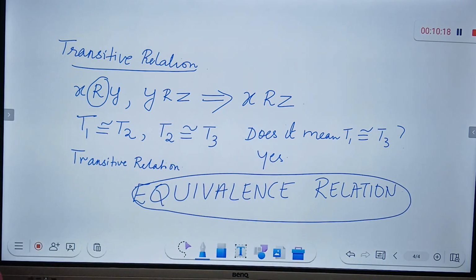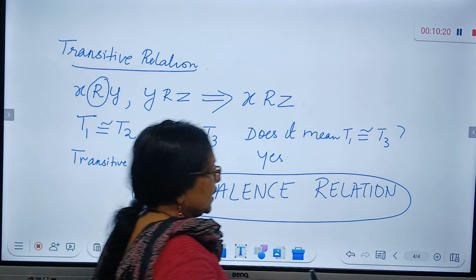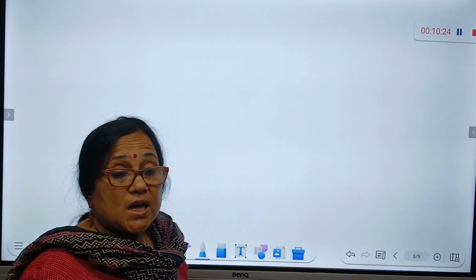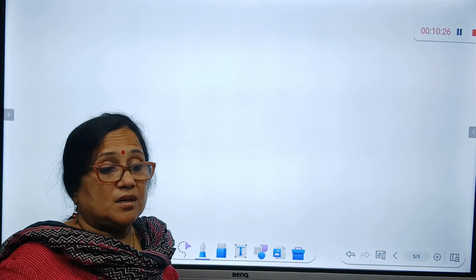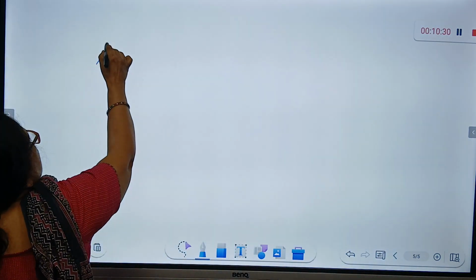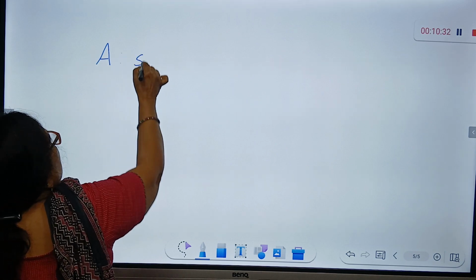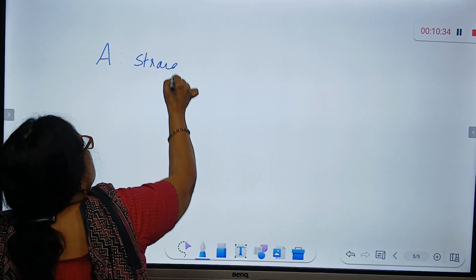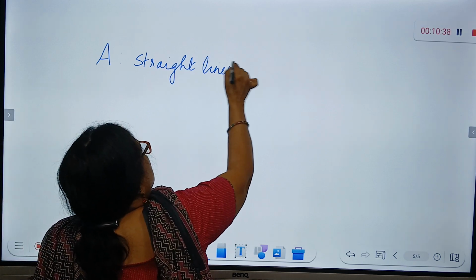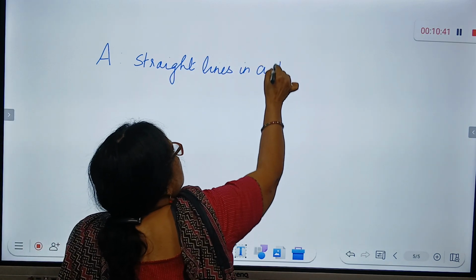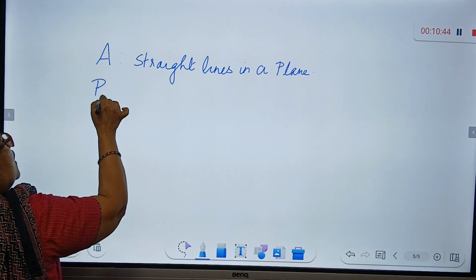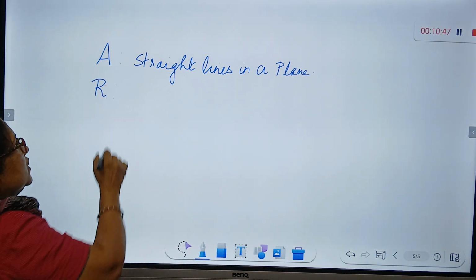Now let us go and look at another type of example. I am drawing examples from mathematics, from cases that you are familiar with. So now let us take the set A to be straight lines in a plane, and R to be the following relation.